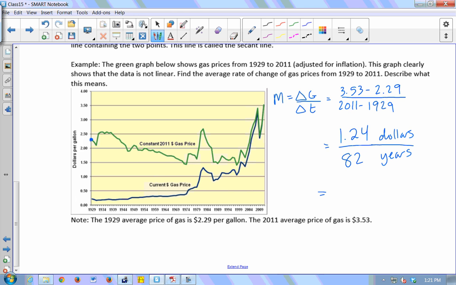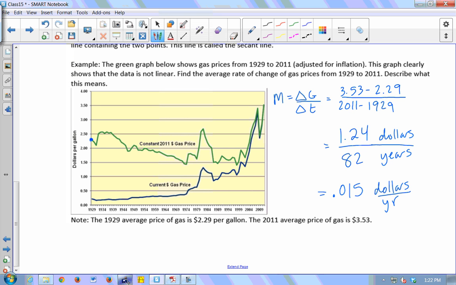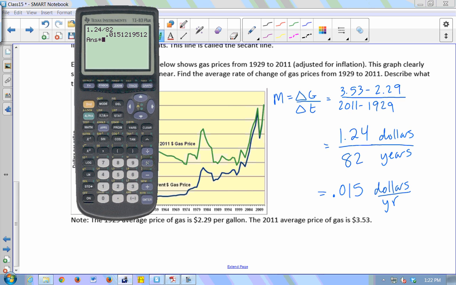So now we do the division. $1.24 divided by 82, and we get 0.015 dollars per year. Cents per year, right. So if you multiply that times 100, you get 1.5 cents.